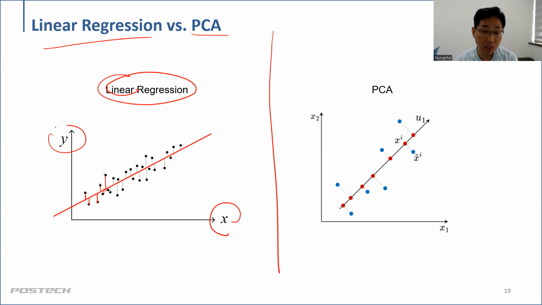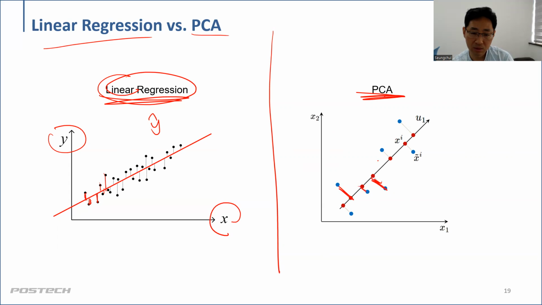X is input and Y is output. I want to predict Y hat. Here is another optimization problem, but the objective is to minimize, probably I would say, the sum over squared errors. But PCA, again, is also minimizing the sum over square of what?